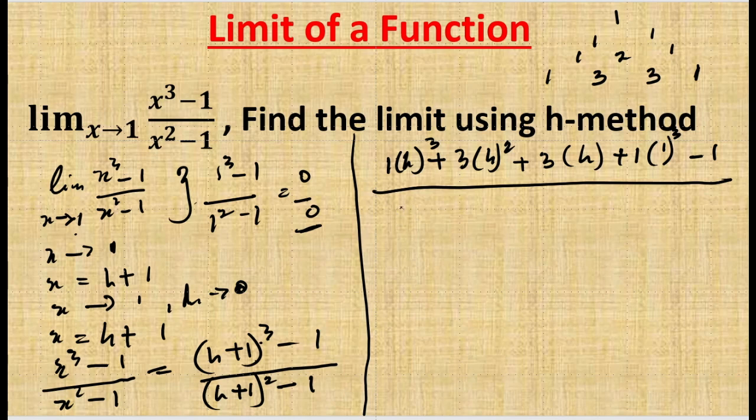For my (h plus 1) squared, I'll be using the second stage, so that here also will be 1 into h squared plus 2 into h plus 1.